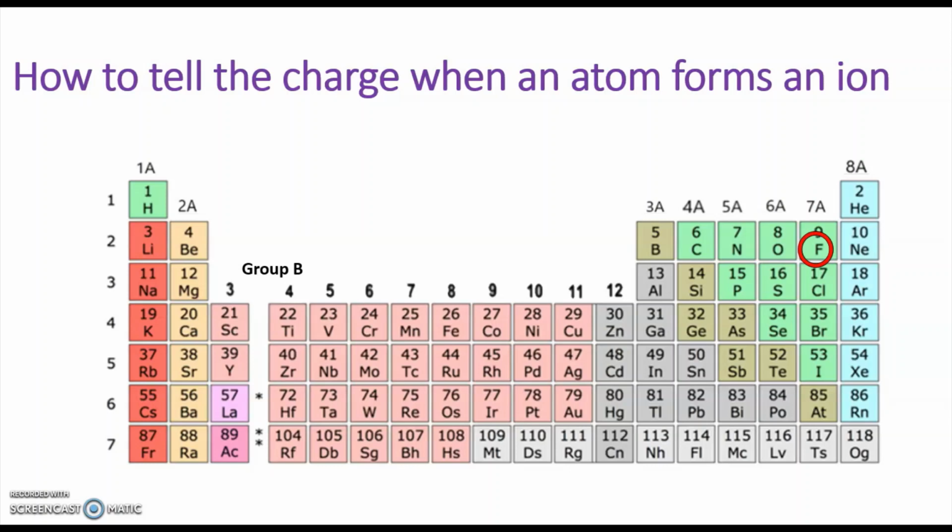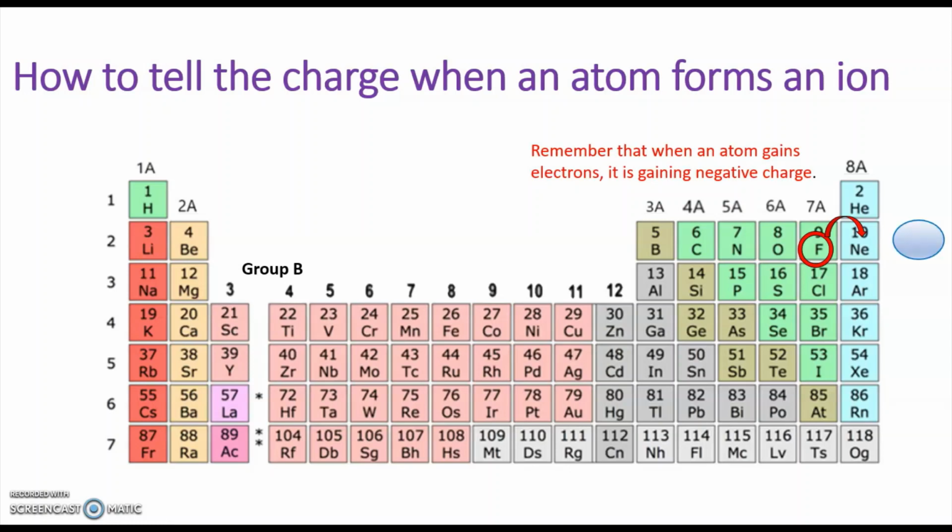So, for example, fluorine only needs one electron to get to be like neon, to get to have a stable noble gas configuration. So when it gains that one electron, it will become an ion. But this is something important to remember for beginning people. Remember that when an atom gains electrons, it's gaining negative charge. All too often, students initially will want to say, well, we're gaining, that means it'll have a positive charge.